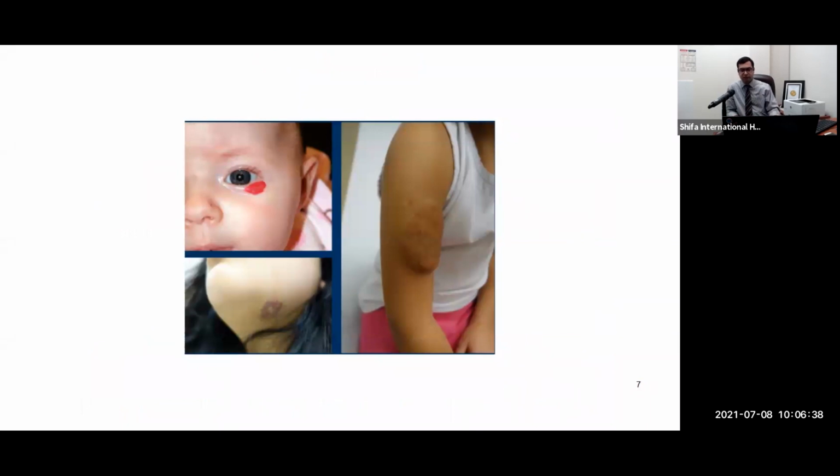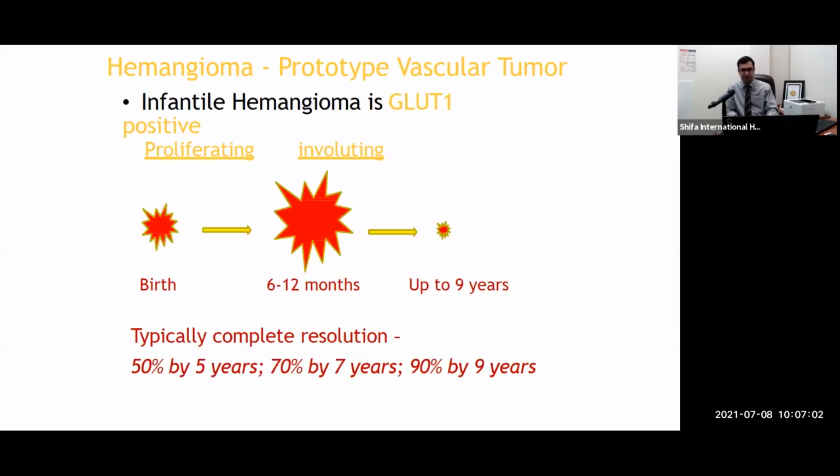So you see the superficial one, which is cherry red on the left upper corner. Then the one which is on the child's arm is mixed one. So it has sort of superficial component which has faded over time and then has got an atrophic or lax skin. And then you can see one under the chin as well, which has deeper component, but it's not very visible here. I will show a few other photographs as well.